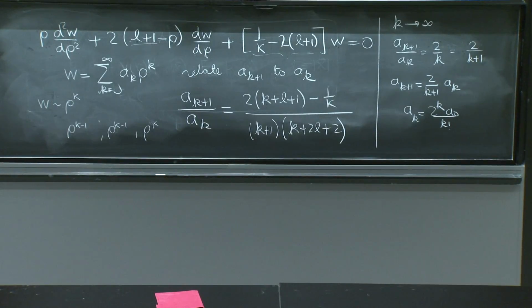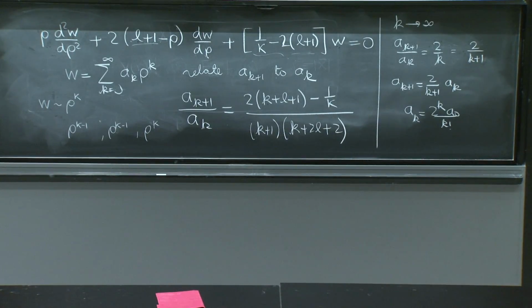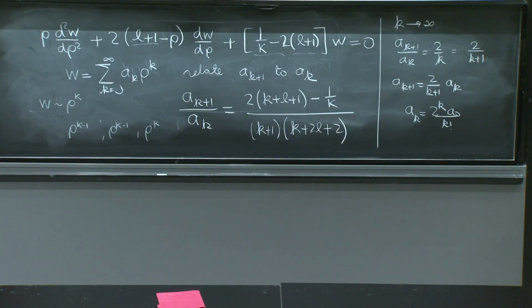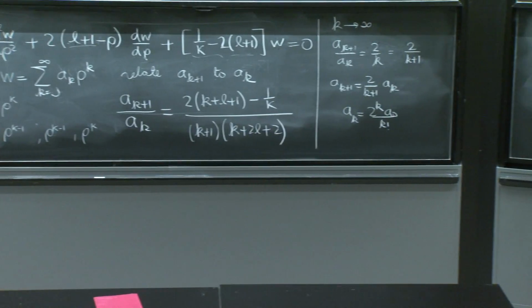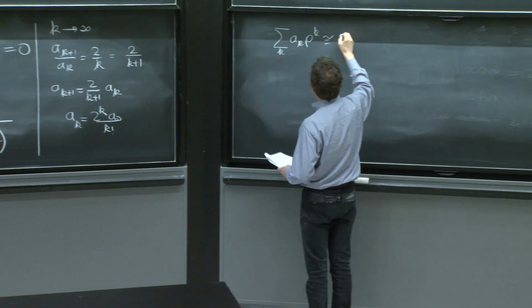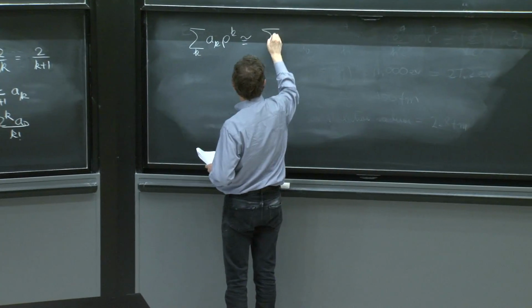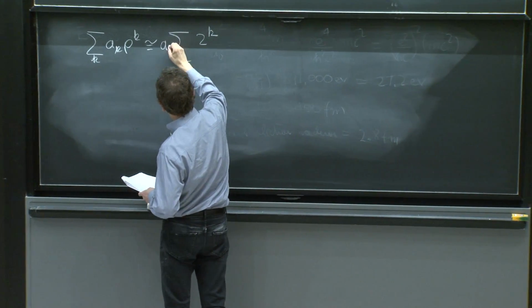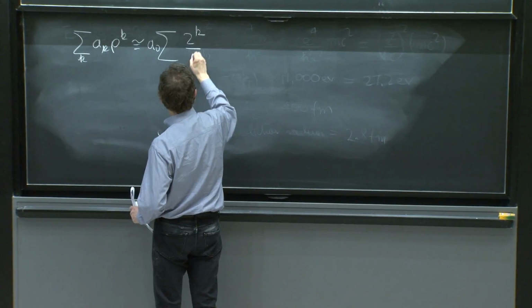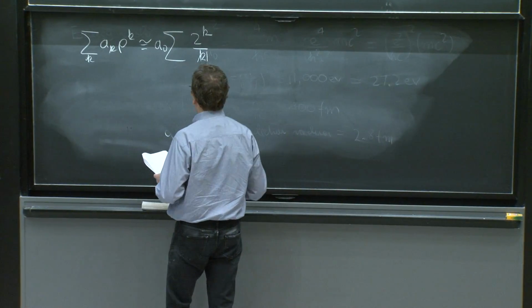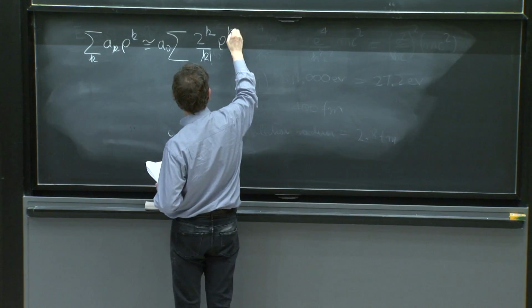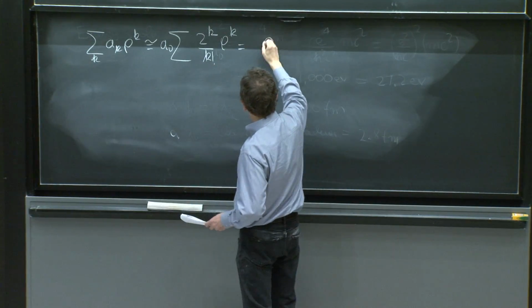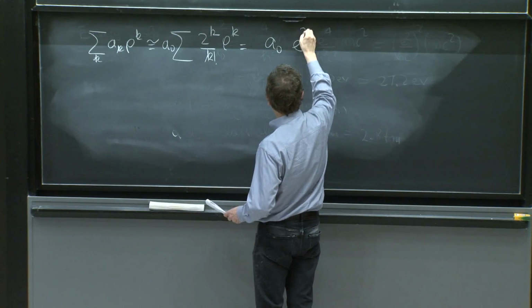And it will not be too surprising. So in this case, the sum over k of a_k rho^k, which is the function we're building, is roughly equal to this a_k here, which is 2 to the k, a_0 can go out, over k factorial, rho^k. So this is a_0 e to the 2 rho.